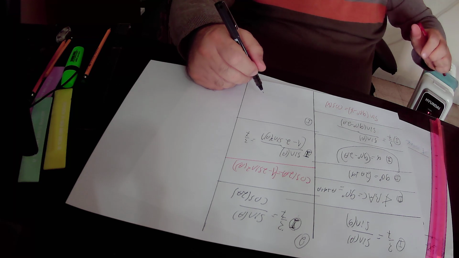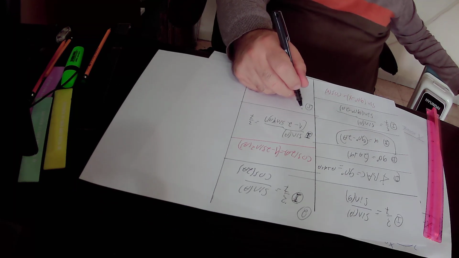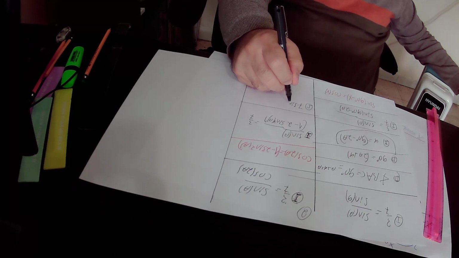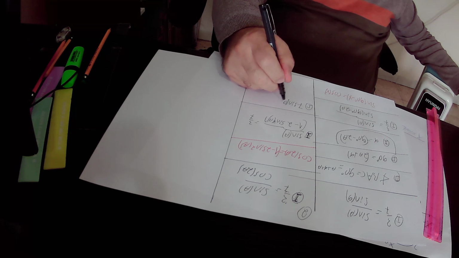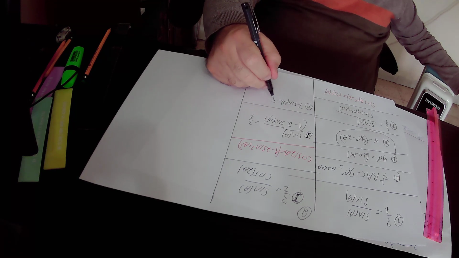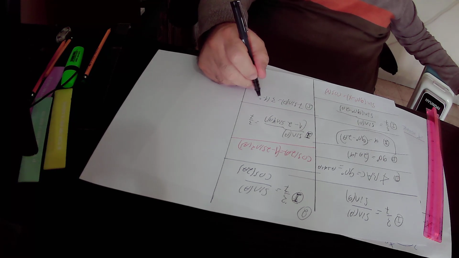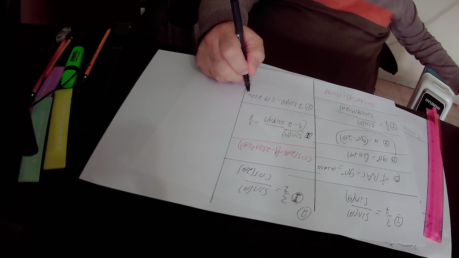So according to equation number 1, we will get that 7 times sine theta equals 3 times (1 minus 2 sine squared theta).